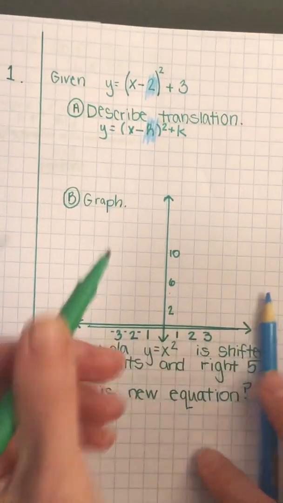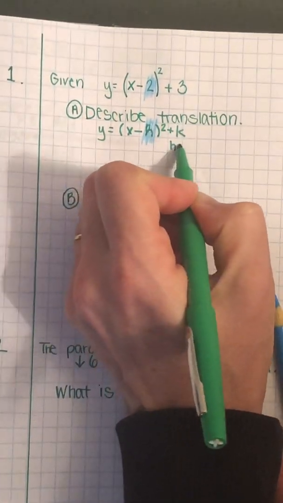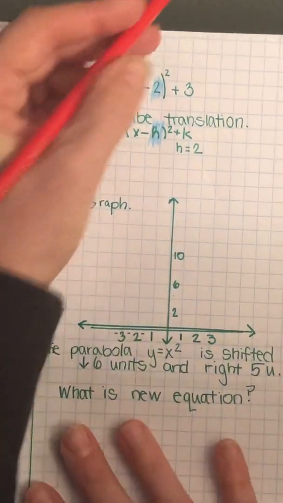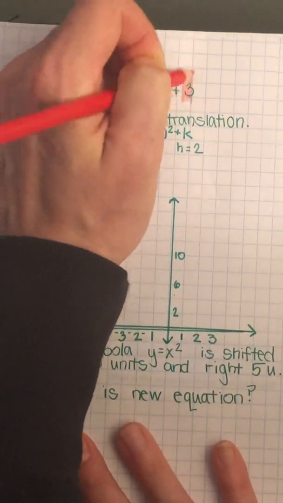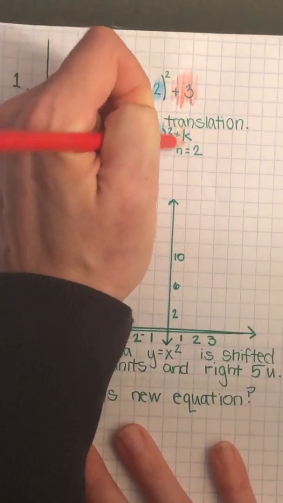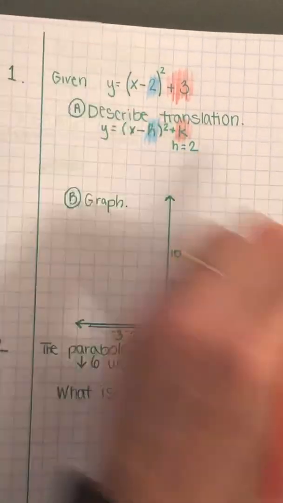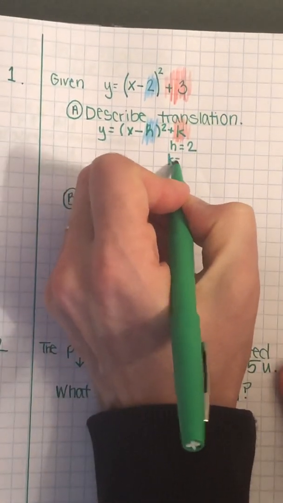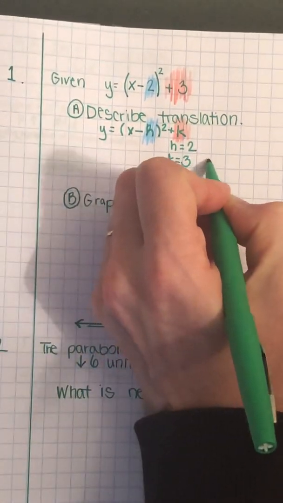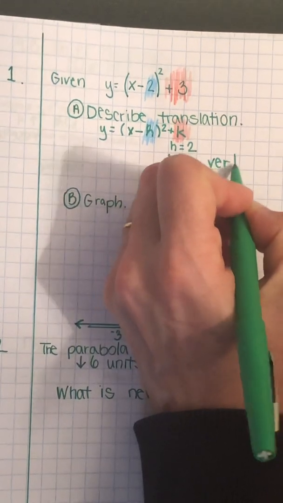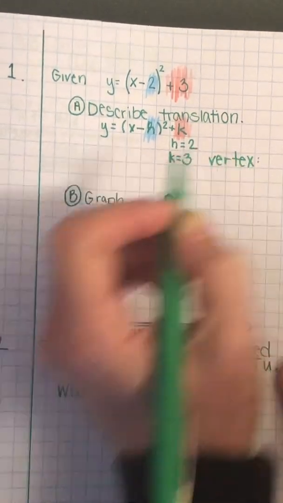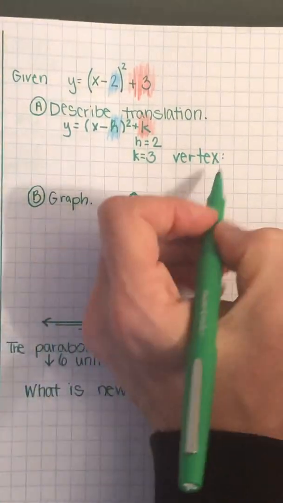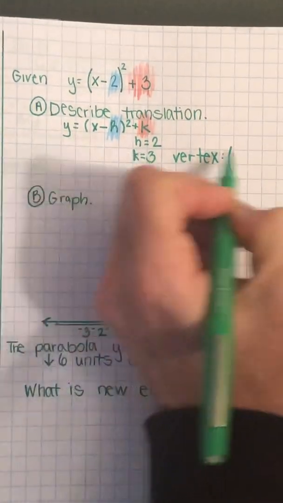So h is equal to 2. Now, can you locate the k? So the vertex is 2, 3.